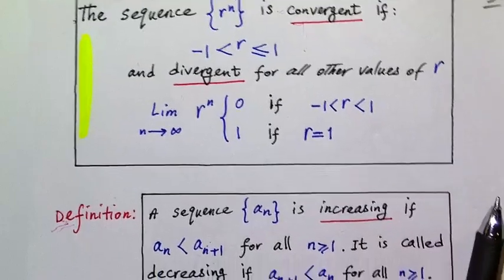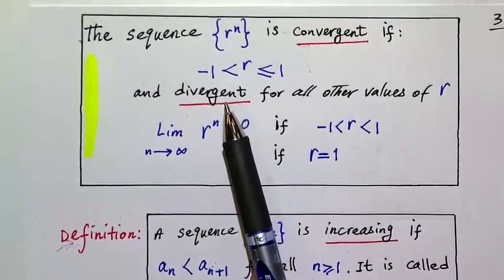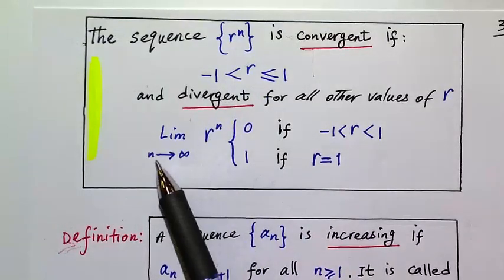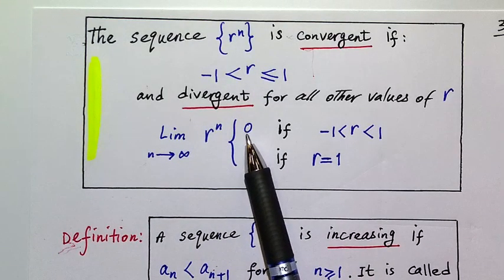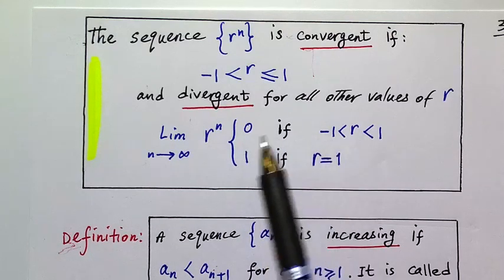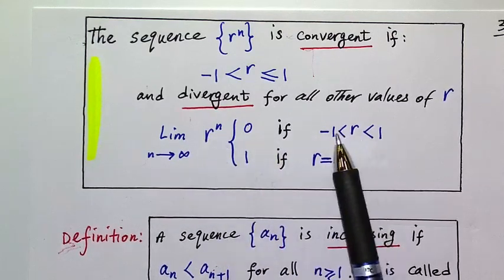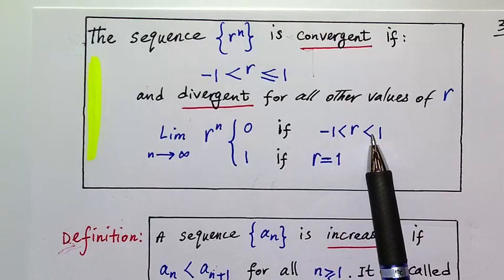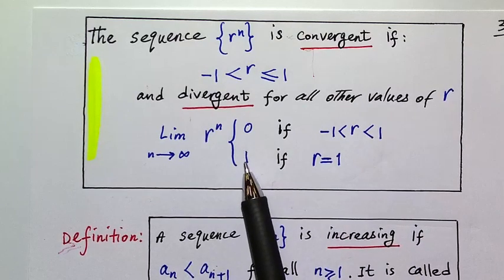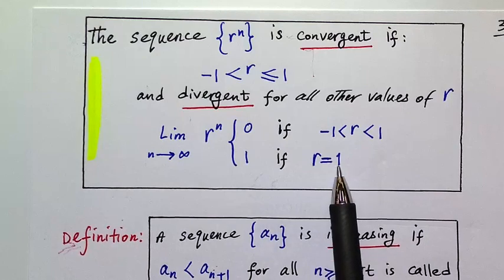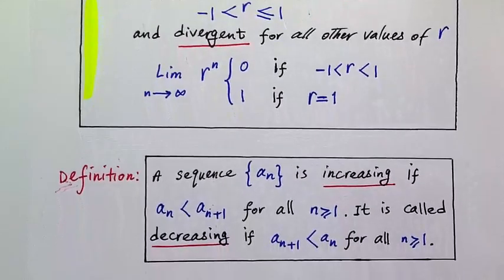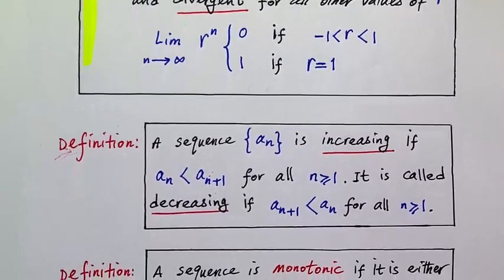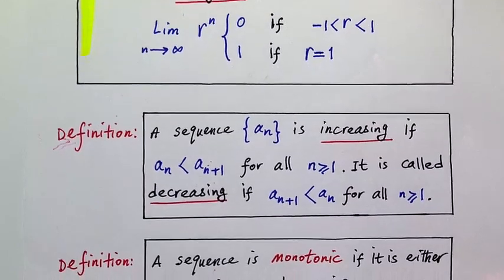So the limit of that sequence as n approaches infinity equals 0 if the base is somewhere between -1 and 1, and it approaches 1 if r equals 1. Very useful, another theorem that will help us in the examples that are coming up.